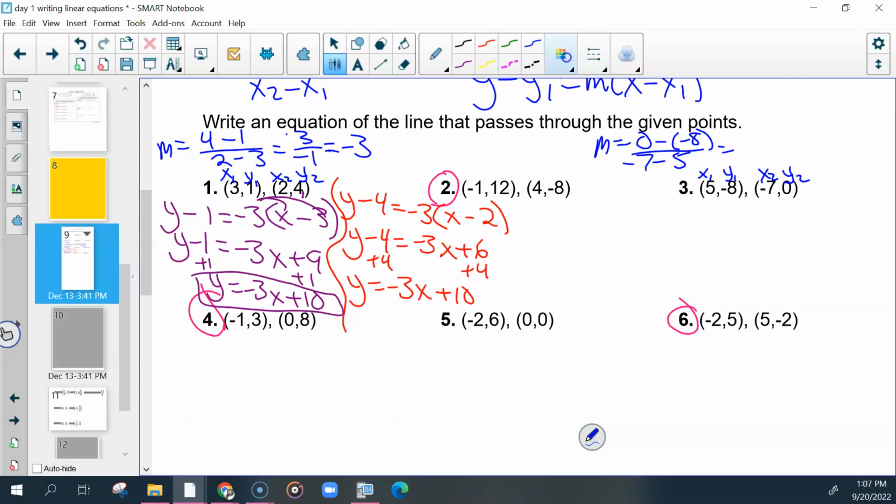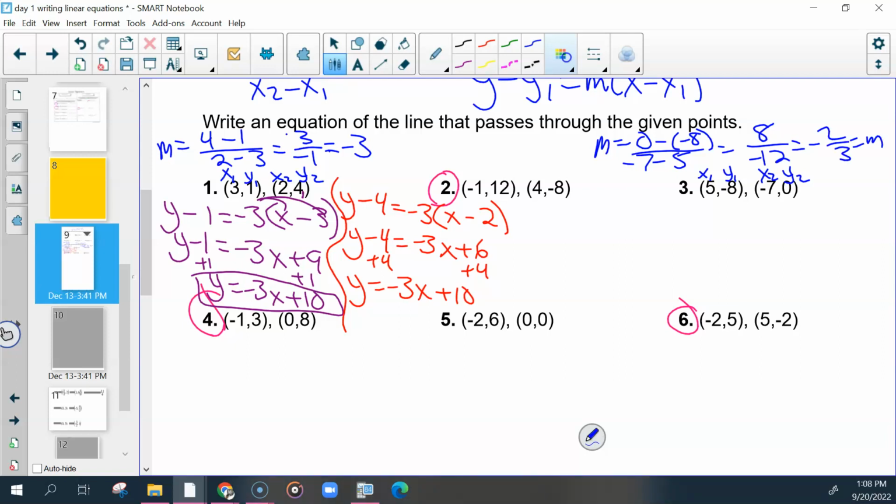If we did this math, we'd get positive 8 over -12. What would that simplify to be? So it would be negative 2/3. So that's our m.